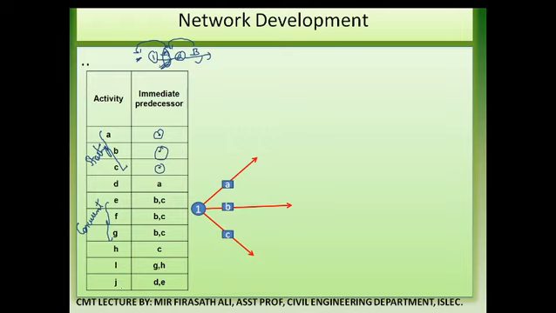Now let us see the next ones, activities E, F and G. They start from B and C. So from B and C we will insert one dummy activity and bring it to one event.